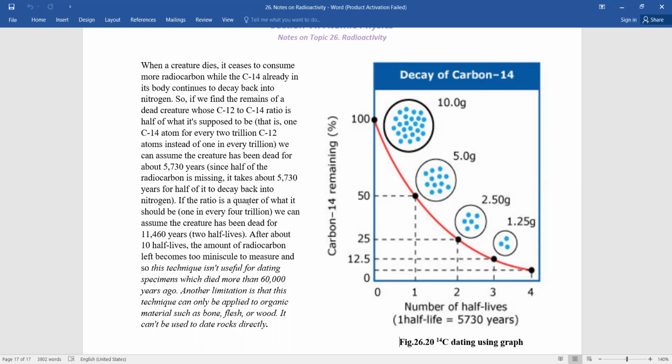It's saying that carbon 14 is converting to nitrogen, right? By beta emission. You already know that one, right? How it's converting to nitrogen: it loses a beta particle.